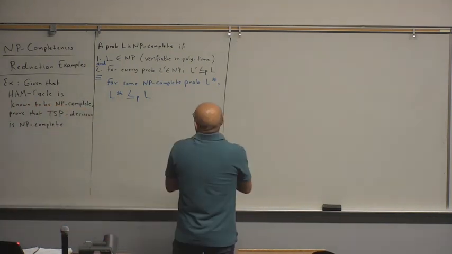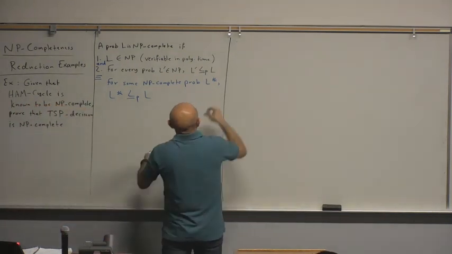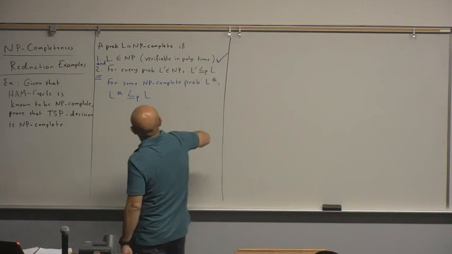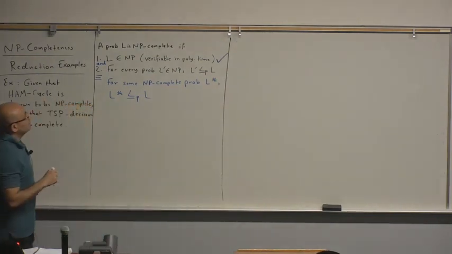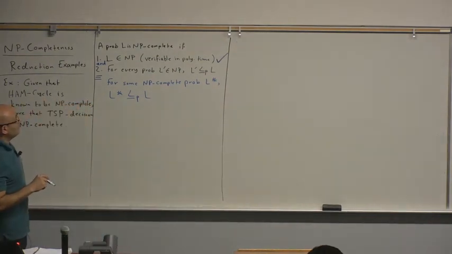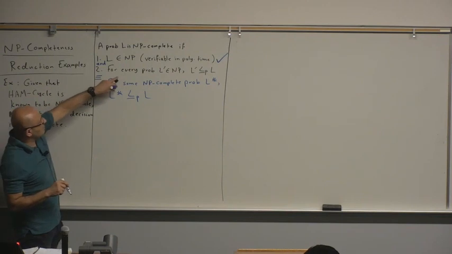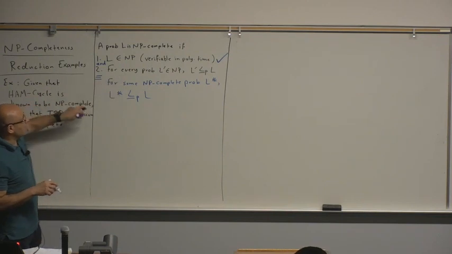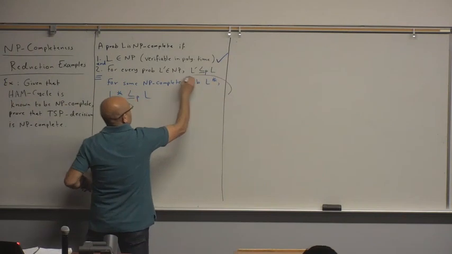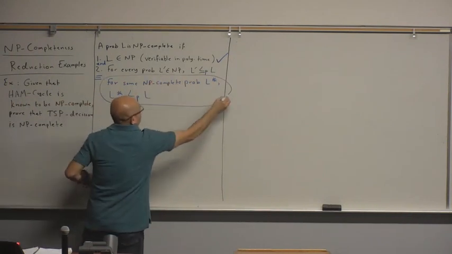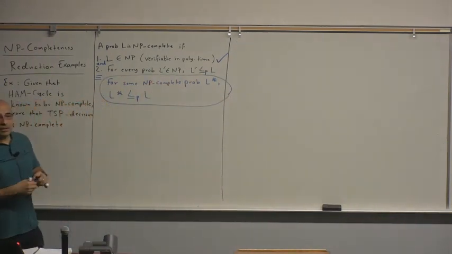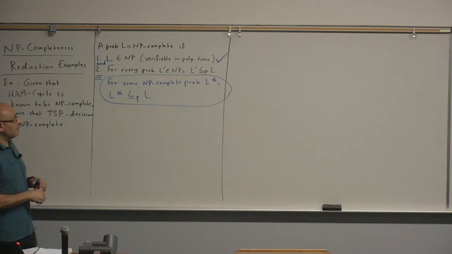So we know this part, and I'm not going to write it down. I'm going to leave it for you to write down. The interesting part is this. Of course, we will be using Hamiltonian cycle as the problem that is known to be NP-complete to prove the NP-completeness of the traveling salesman problem.